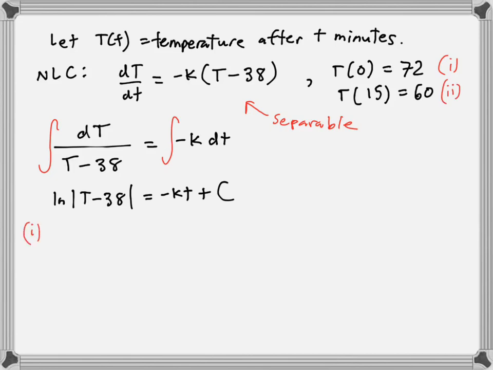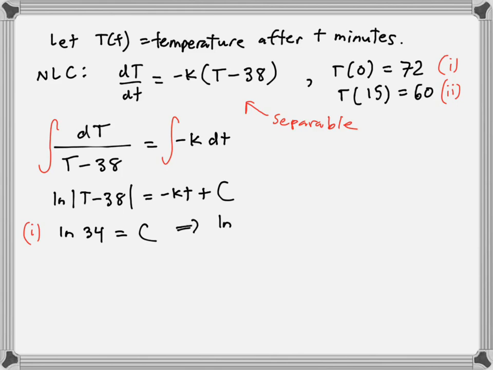I plug in 72 for T, so we end up with the natural log of 72 minus 38, which is 34, right? So it's going to be the natural log of 34. I don't need absolute value anymore because that's a positive number, and this is equal to, k times 0 is 0, you just get C.